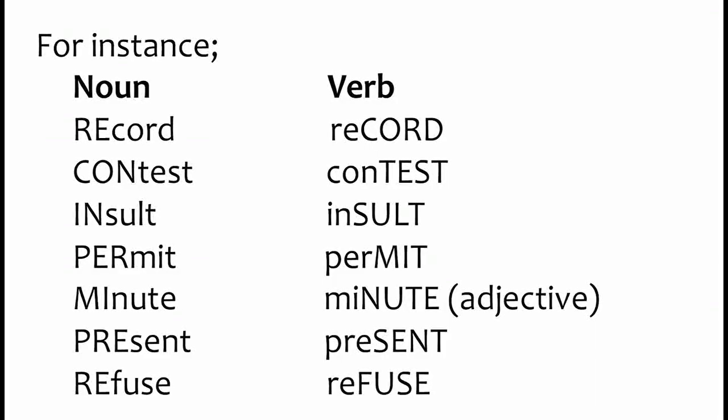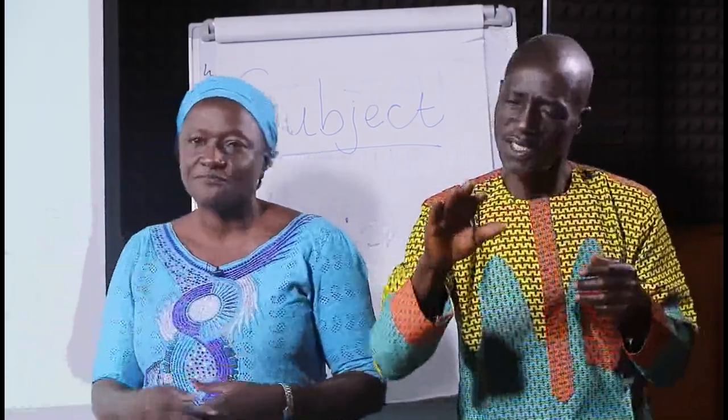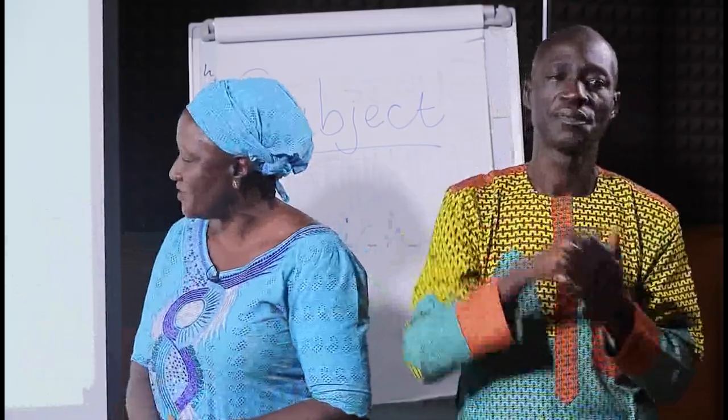So we have minute and minute. We have present and present. We have refuse and refuse. To refuse is to say, no, I'm not going to do it, but refuse, that's what we have.